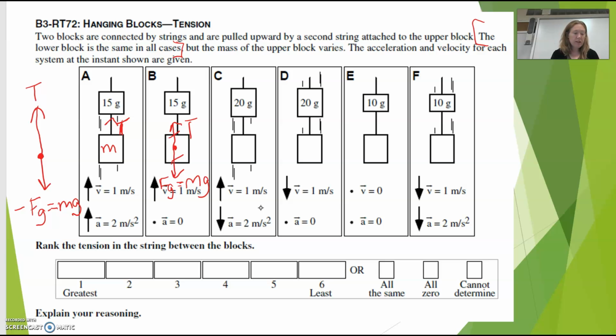Generally speaking, if you goof around with this, I have a spring scale here to measure the tension. So I have a string, I have a mass here. When I yank it up, that's when the force measured on the scale gets larger when I accelerate up, okay?